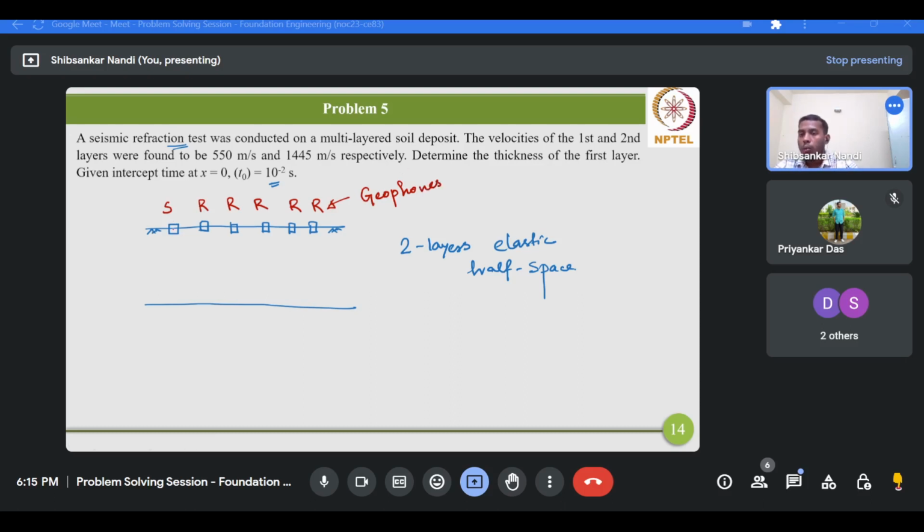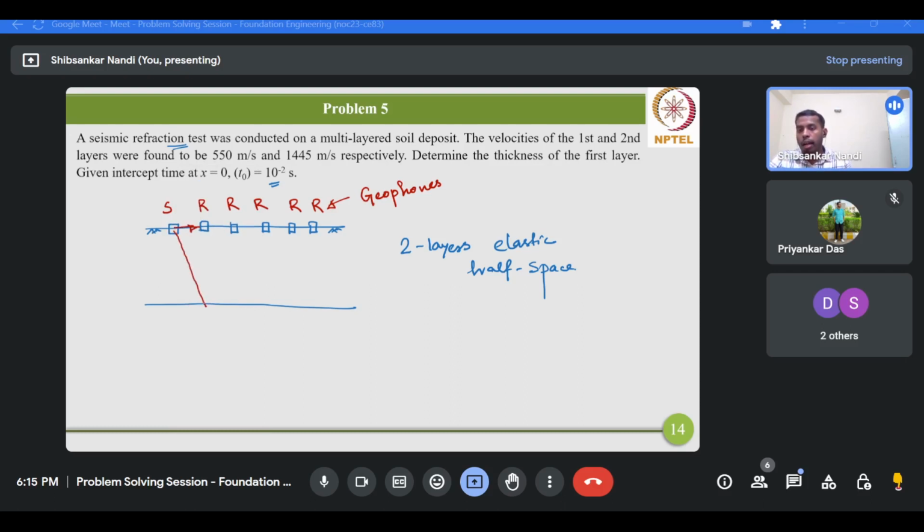Now when you generate the stress waves, what will happen? Immediately after generating the stress waves, some energy will travel directly in this fashion to reach the series of receivers, and some wave will try to travel downward in this fashion.